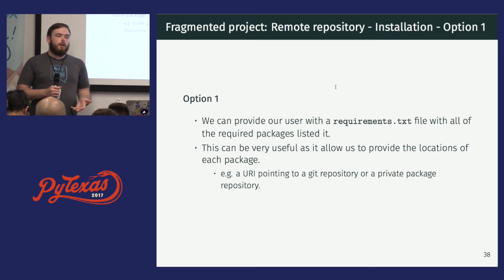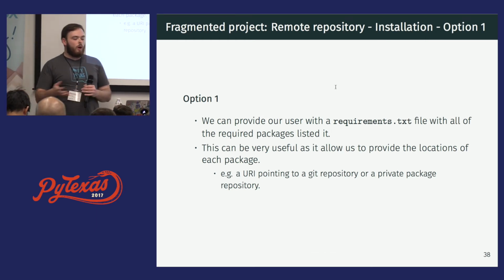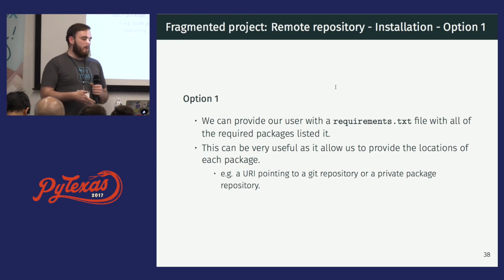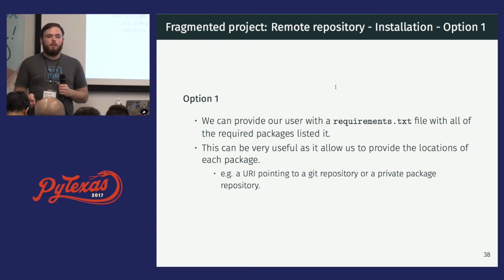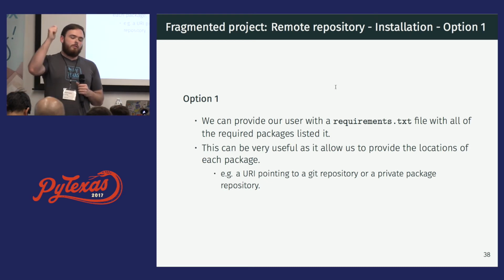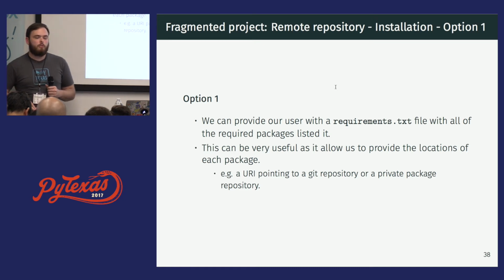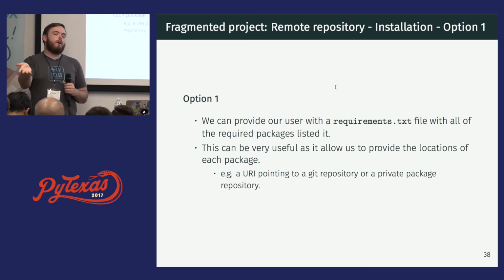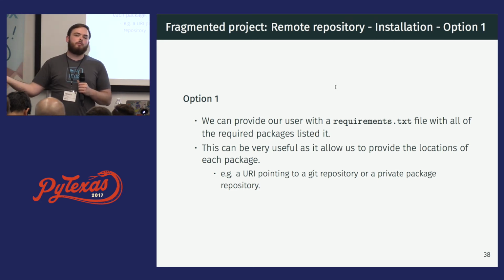And then as far as installation goes, one option is that we can provide our users with a requirements text file, right? Some of the benefits of this is that, of course, we can list all of our dependencies. We can list their versions that we want them to install, and we can list where pip should get the package from, right?